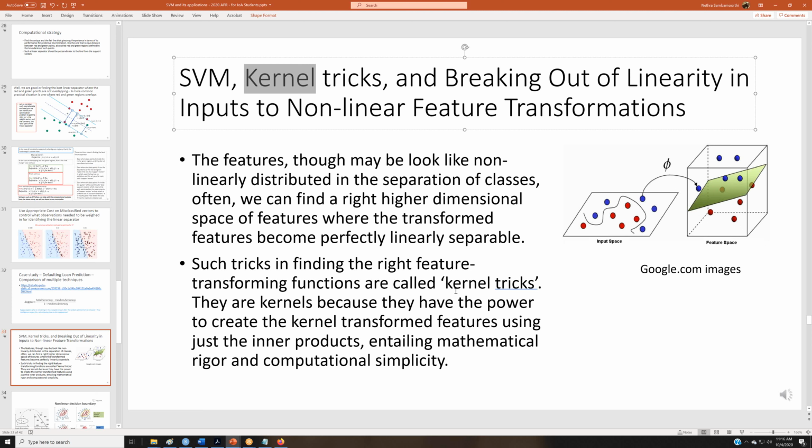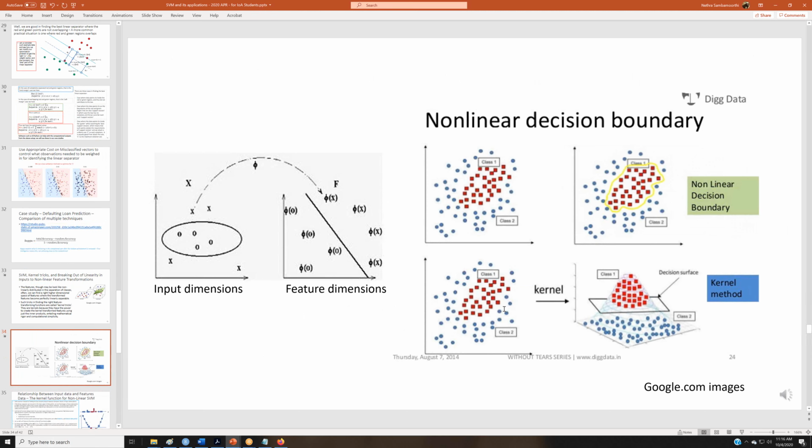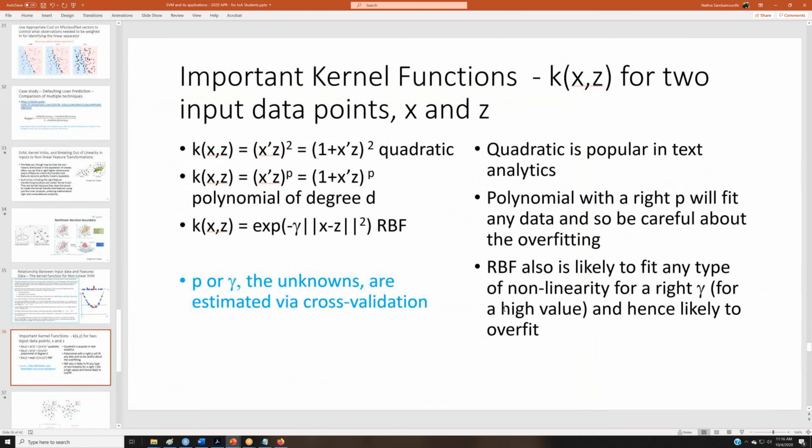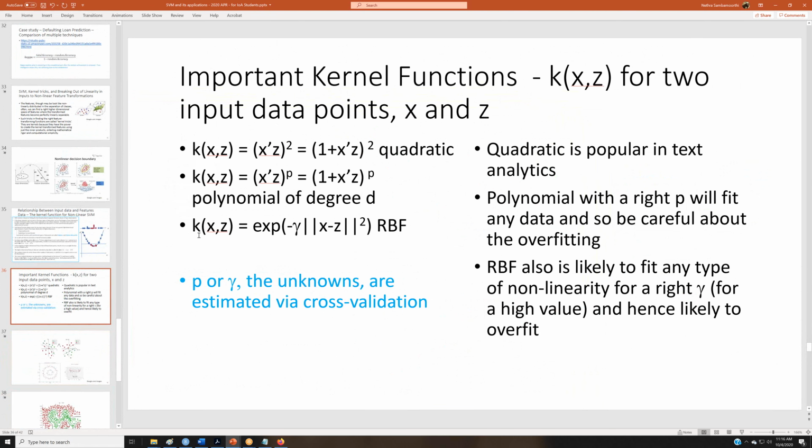So what is that function? Some kernel functions are commonly known already, and I'm going to talk to you about those. Here are the 3 popular kernel functions. One is the quadratic function.